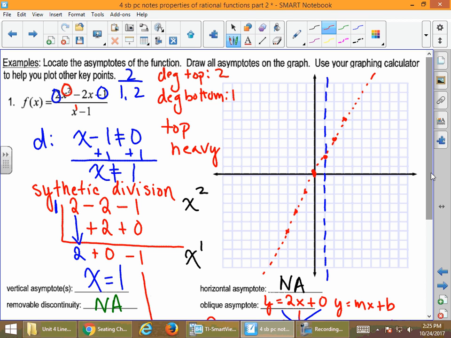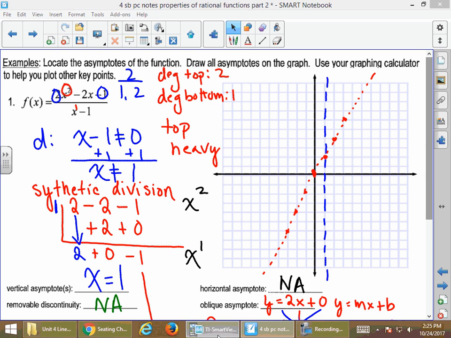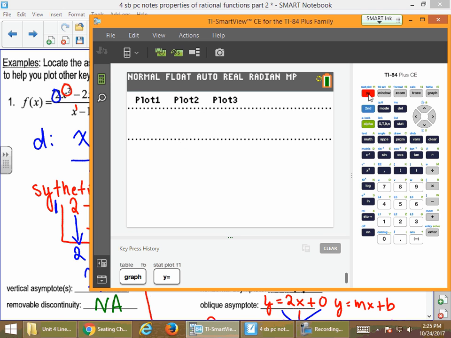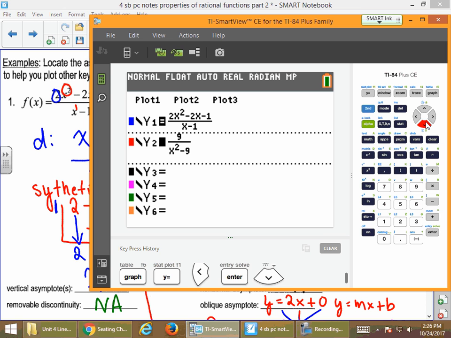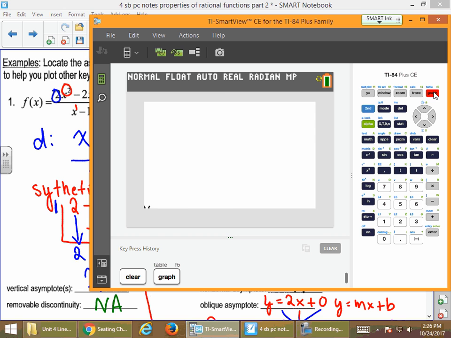And then we want to finish by drawing this one in our calculator. So I'm going to turn that one on. Turn this one off. In fact, I can clear this one completely. And we can draw a picture. Something like that.